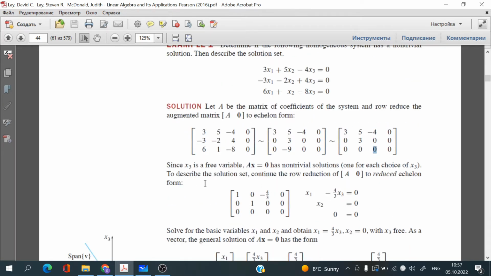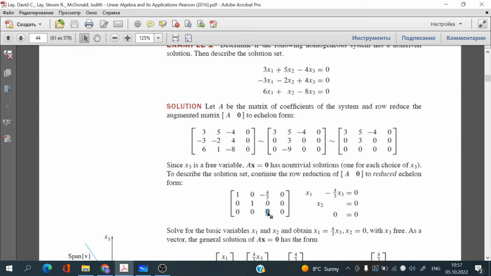To describe the solution set, continue the row reduction to reduced echelon form. As I said, we always strive to reach the solution in a form like this. Please notice that we cannot reduce it more because here we don't have a pivot.